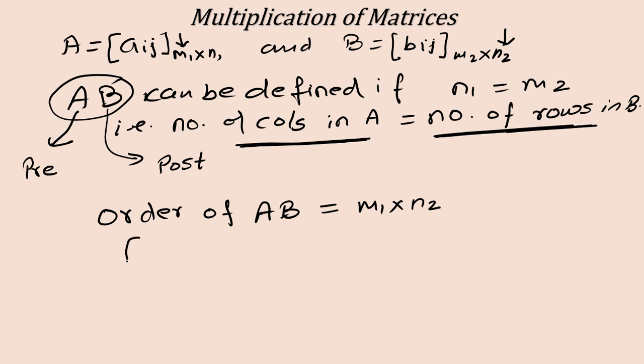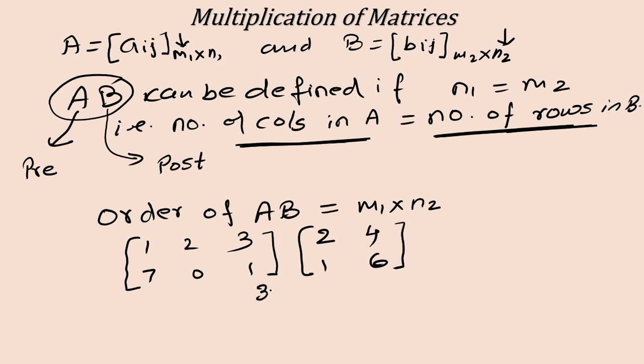For example, see, if I say 1, 2, 3, 7, 0, 1, and another matrix is 2, 4, 1, 6. Now, what is its order? 3 by 2. What is the order of the second matrix? 2 by 2. How many columns do we see here? 2. How many rows do we see here? 2. They are equal.